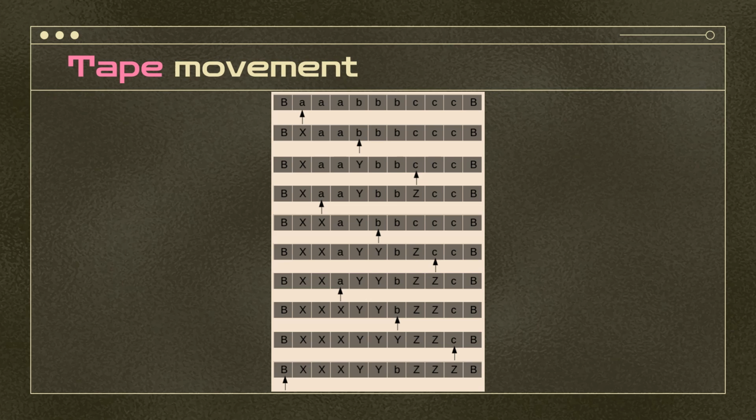Lastly, when the tape head reaches X and the next symbol is Y, that means all A's are finished. We check for B's and C's by going towards blank, in the direction of right, and passing Y and Z on the way. If no B and C are found, that means the string is accepted.